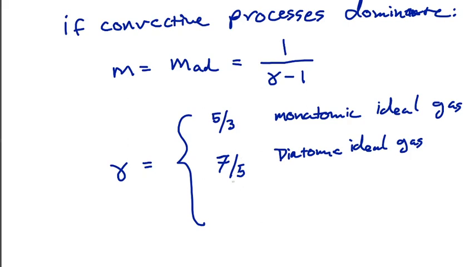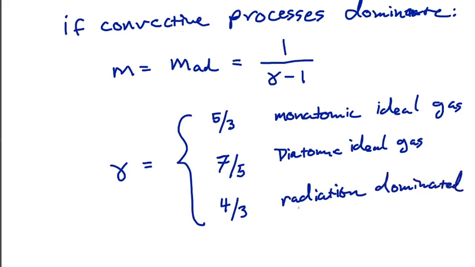A monatomic ideal gas has 3 translational degrees of freedom, whereas a diatomic gas adds 2 rotational degrees of freedom, which changes gamma. Now there's one more classically encountered value of gamma that we'll run into relatively often, and this is a gamma of 4/3, and this is a radiation dominated, or as it were, a photon gas.